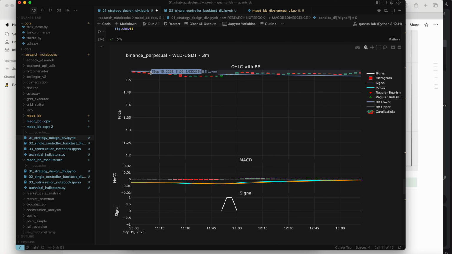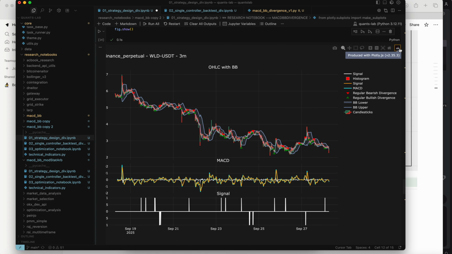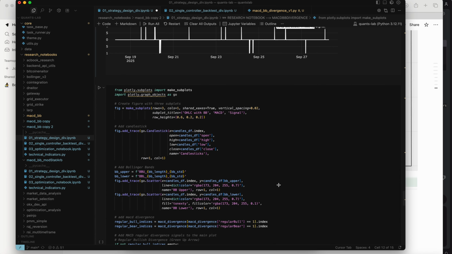So this one is making a lower low, the price itself. The MACD is making a higher low. MACD is negative. The MACD histogram has just turned positive, hence you have a 1 signal to go long.